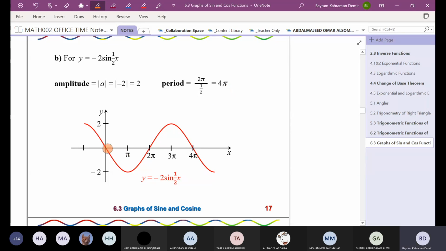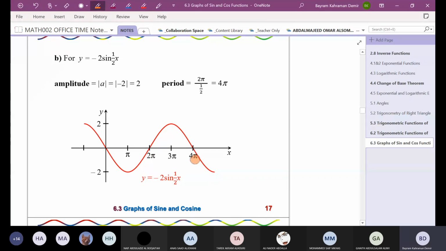And now you're going to start from the origin, everybody. You need to go down to sketch this sine graph because it is multiplied by a negative. So you're not going to move up, you're going to move down. So from 0, this 4 pi will be one period of this picture.